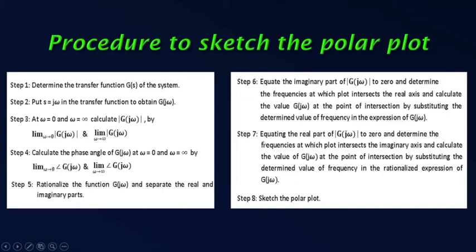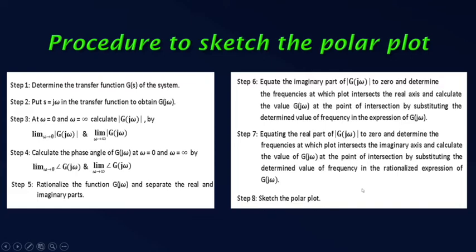Step 7. Equate the real part of G(j omega) to 0 and determine the frequencies at which the plot intersects the imaginary axis, and calculate the value of G(j omega) at the point of intersection by substituting the determined value of frequency in the rationalized expression of G(j omega). Step 8.